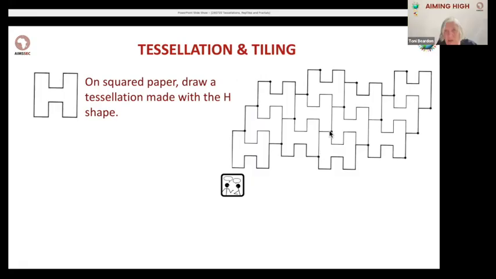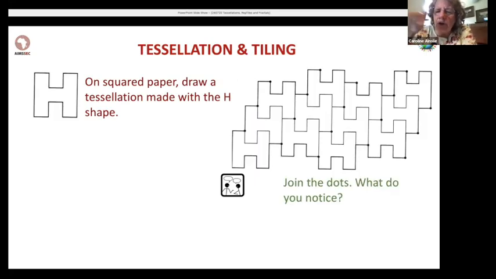Bottom right hand side of every H, you can put a dot on those. Bottom right hand side is a better way to characterize it, I think, Caroline. Yes, bottom right, but it joins two other H's at that point. Yeah, but if you put a dot on the bottom right hand side of every H, then you've got the dots you need. So join the dots. What do you notice? Have we seen this before?